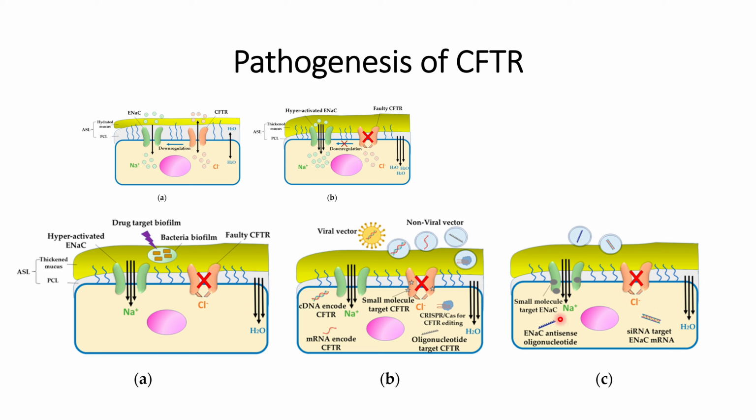So in this case, silencing RNA, siRNA, has been used to inhibit this hyperactivated sodium channel, so that the balance between sodium channel and chlorine channel can be established, and then the CFTR will perform normally. So these are the strategies that can be used in future to treat this CFTR problem.